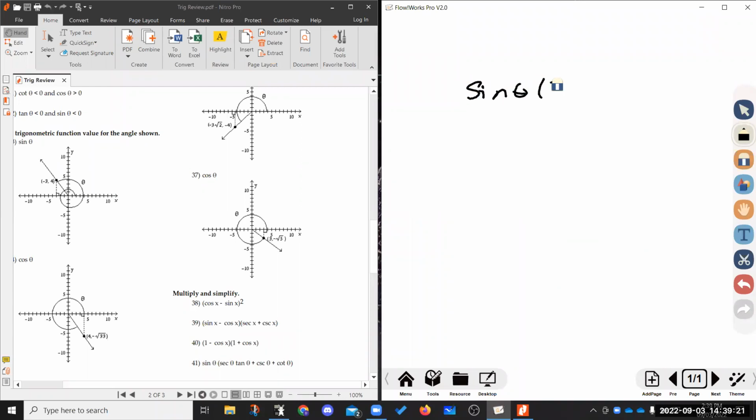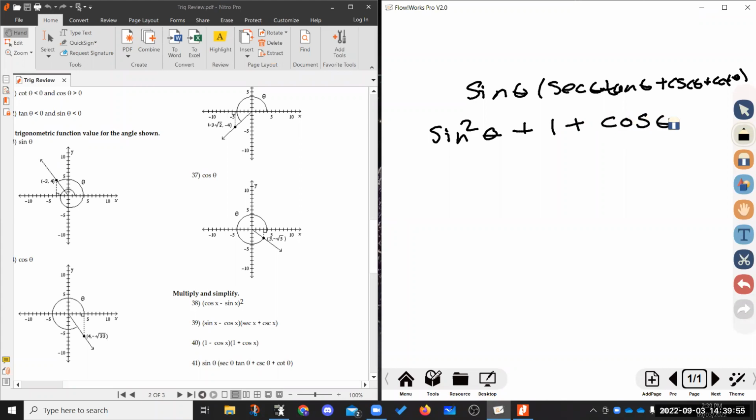Sine times secant, tangent, plus cosecant, plus cotangent is going to be sine squared plus 1 plus cosine, and let's change everything into cosines because I've got a cosine here.